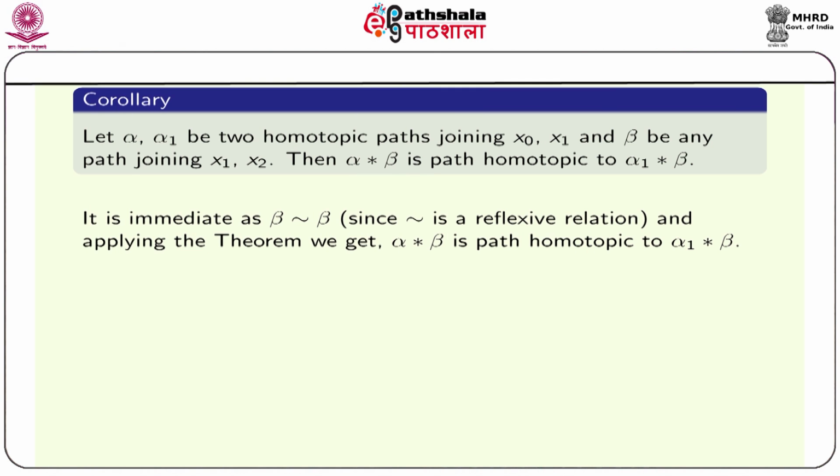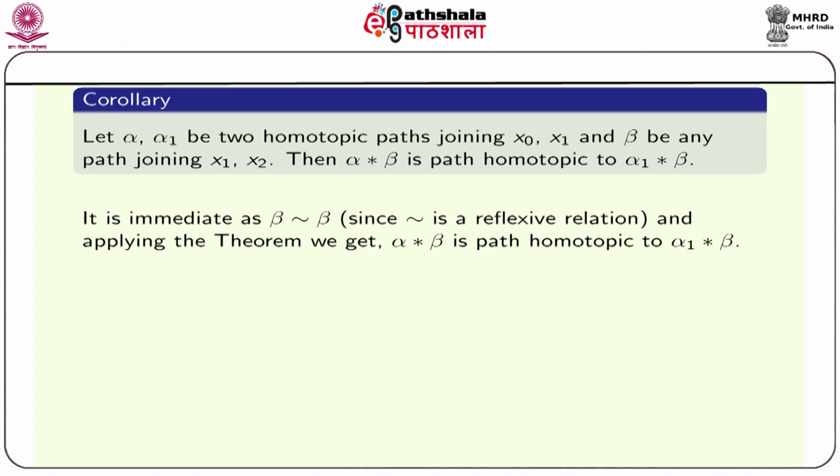Now, as a corollary to this result, we may have this: if alpha and alpha 1 are two homotopic paths joining x0 and x1, and beta is any path joining x1 and x2, then alpha star beta is path homotopic to alpha 1 star beta.